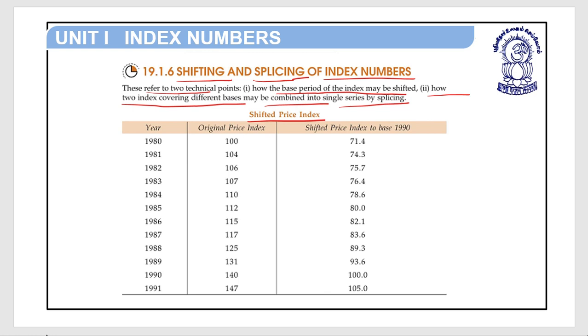Shifted price index, years 1980 to 1991. Original price index 100, 104, 106, 107, 110, 112, 115, 117, 125, 131, 140, 147. So, shifted price index to the base 1990.